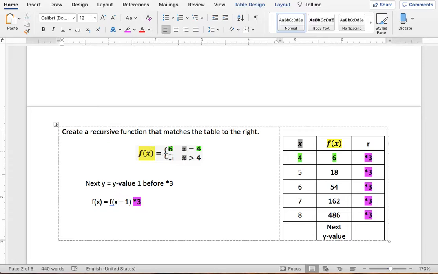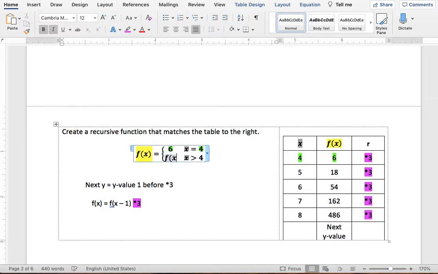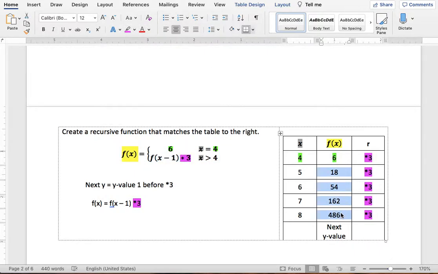There you go. That's what goes here. Your f of x is equal to f of x minus 1 times 3 is how you get all of these over here. All right.